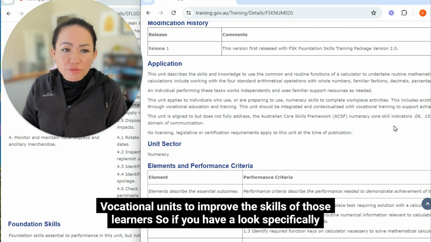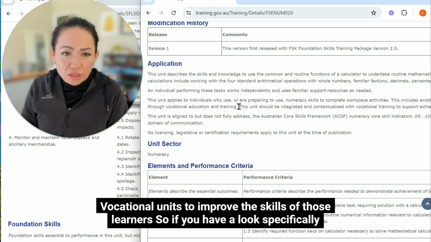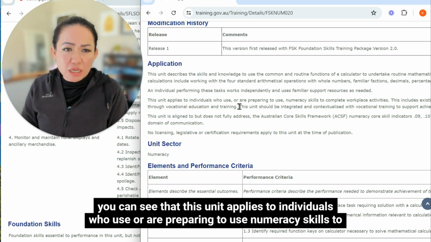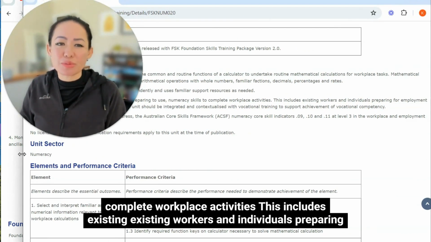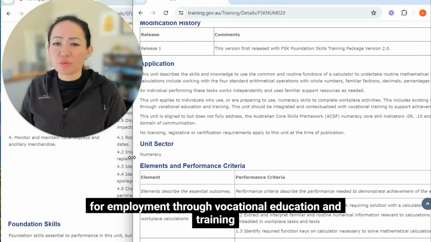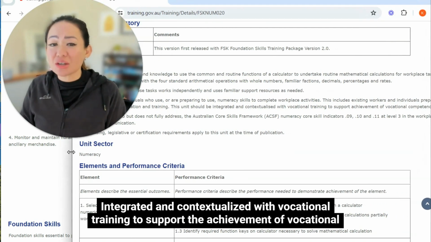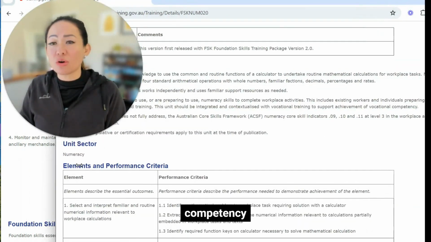If you have a look specifically, you can see that this unit applies to individuals who use or are preparing to use numeracy skills to complete workplace activities. This includes existing workers and individuals preparing for employment through vocational education and training. This unit should be integrated and contextualized with vocational training to support the achievement of vocational competency.